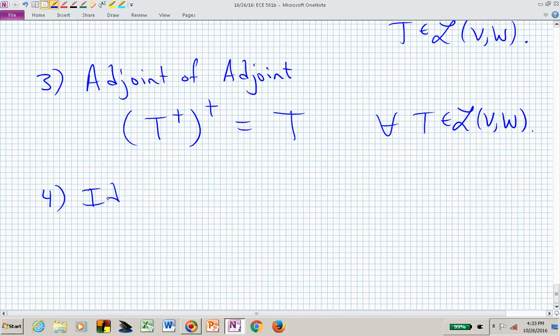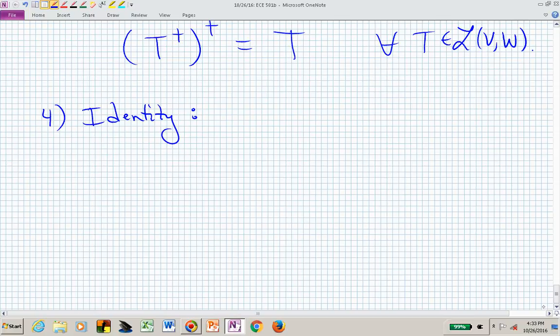T being a dimension reducing map is just one example, but T dagger was now a dimension increasing map. And now you reduce that back with the adjoint. And you haven't lost any information, so to speak, in performing that particular operation.